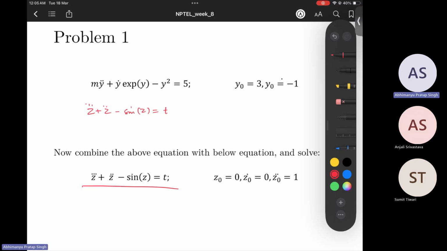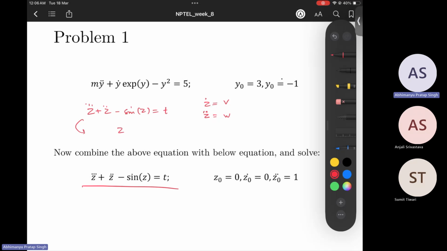Like in the first order case, I will take z dot as v and z double dot as w. That should work fine. So now I can write. You can see that I don't have any z dot term in here.